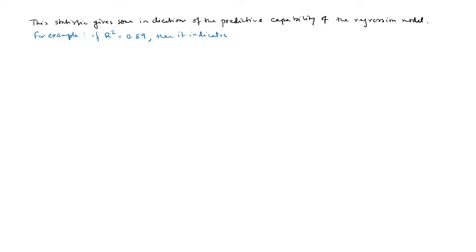Then it indicates that the model is expected to explain about 89% of the variability in predicting new observations.